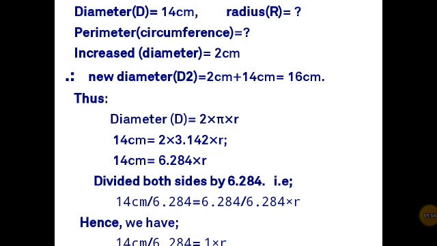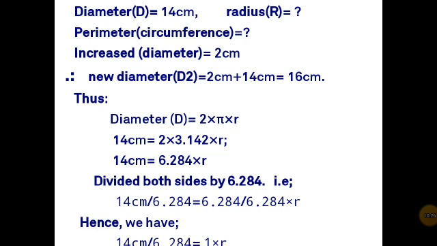Now divide both sides by 6.284. By the time you do that, you have something like this: 14 centimeter over 6.284 equals 6.284 over 6.284 times r. Therefore, when you cancel 6.284, you have 1.